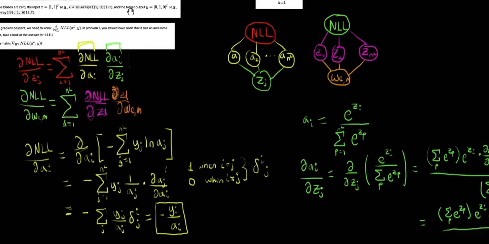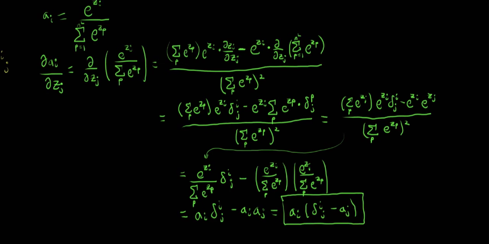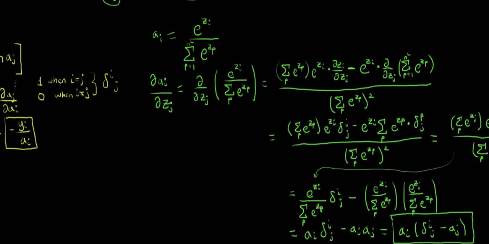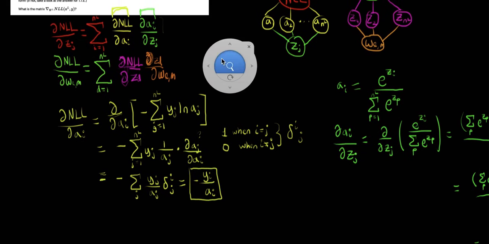So those things are shown here, and they're shown here. So the next step is to put them together to get the derivative of the loss with respect to the pre-activations.